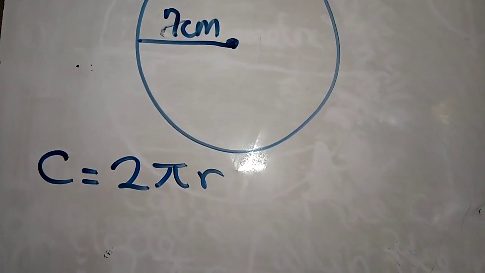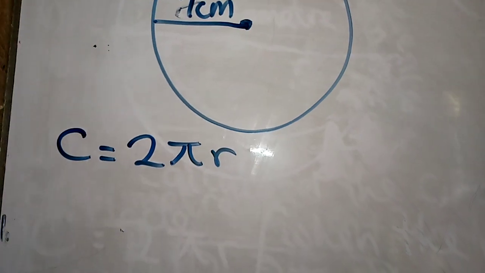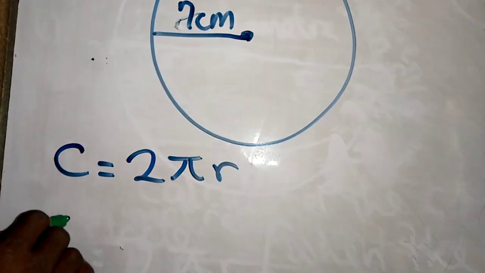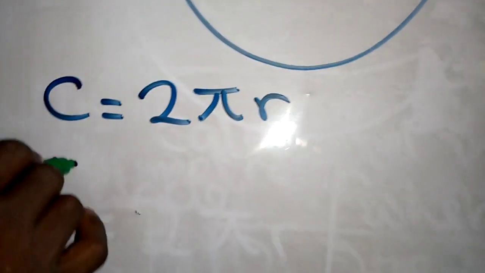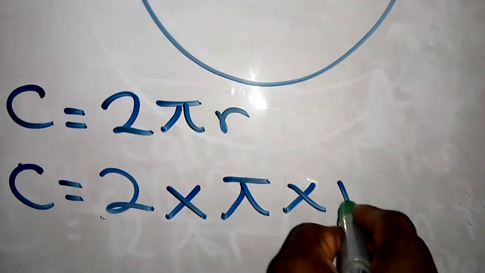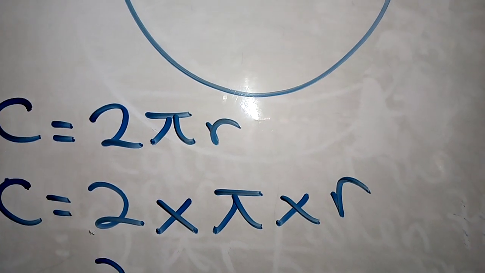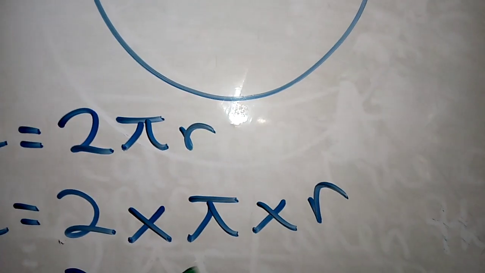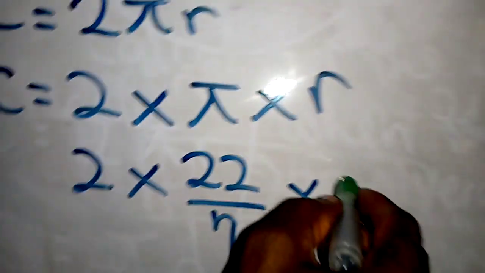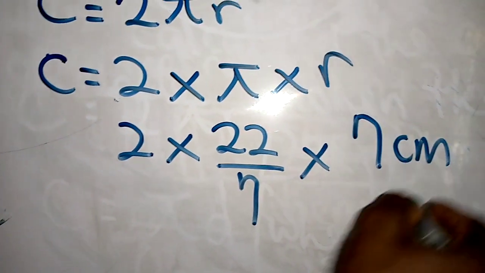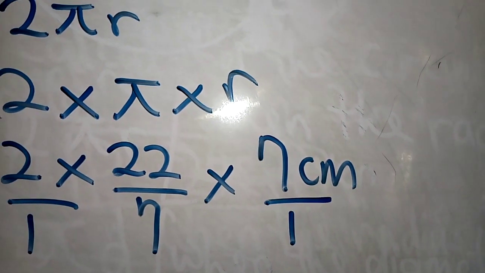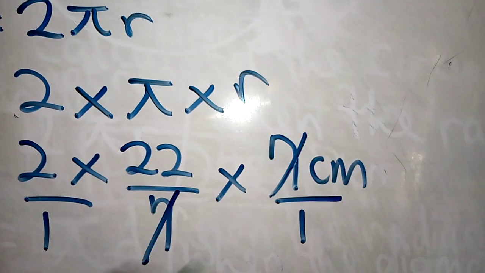Now let us itemize all the variables that we have. First, we have the pi, we have the radius. Our circumference is equal to 2 times pi times r, which is equal to 2 times 22 all over 7 times the radius, 7 cm, all over 1. 7 cancels 7.